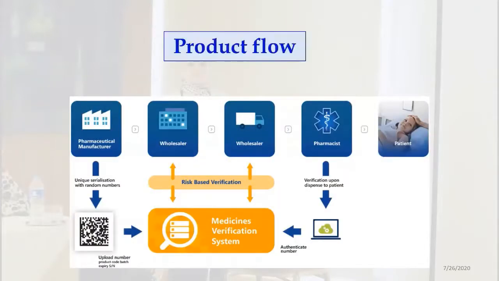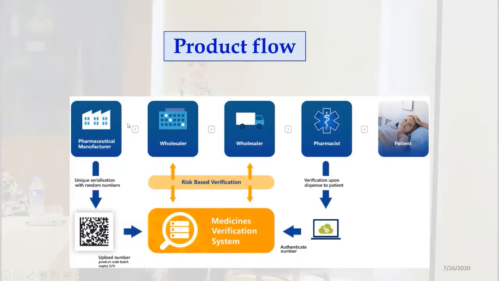In this slide, we will see the product flow. The product is manufactured by the manufacturing site, and the manufacturing site will specify a unique serialization. These serialization numbers will be uploaded in the medicine verification system of the health authority. Then the manufacturing site will distribute the product to the wholesaler, and the wholesaler will distribute the product to the pharmacist, and then the patients can take the medicines from the pharmacist.